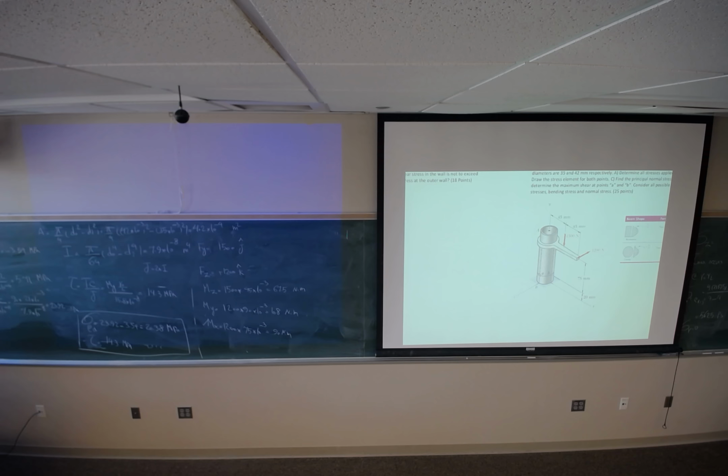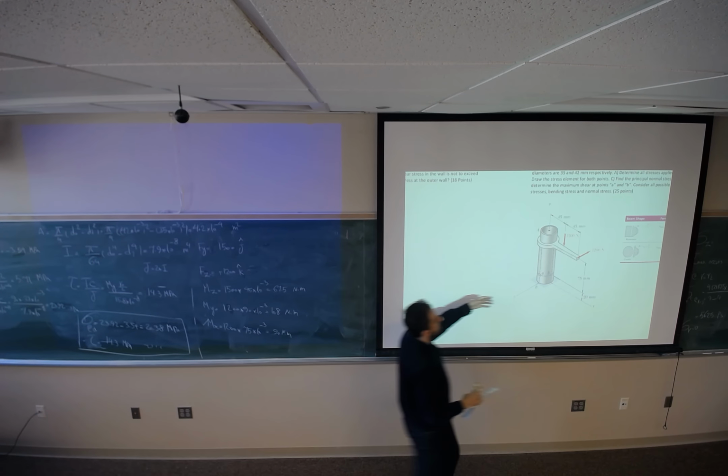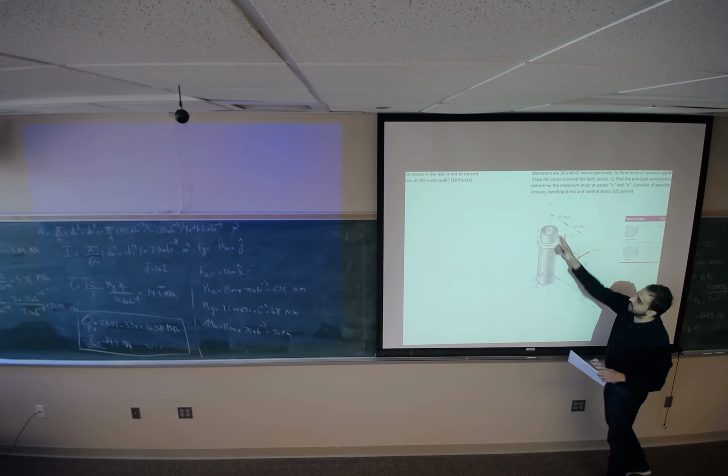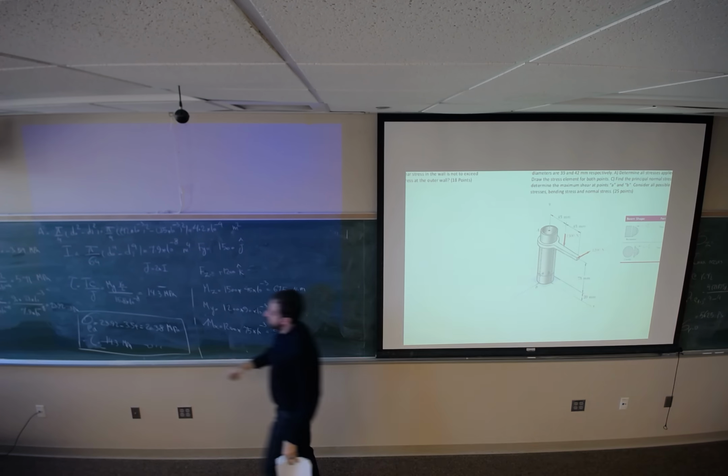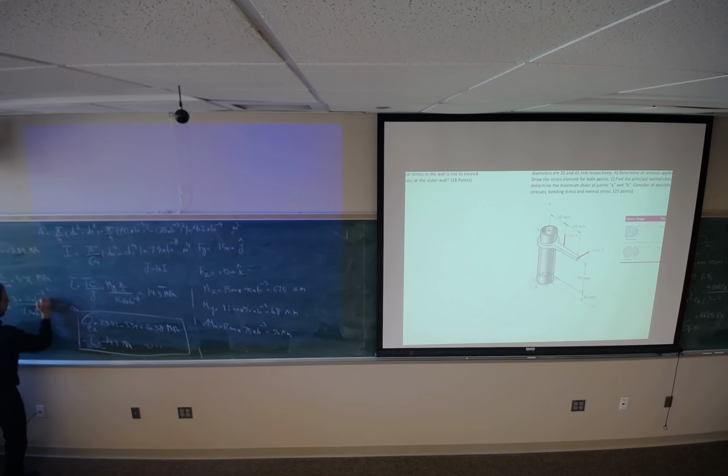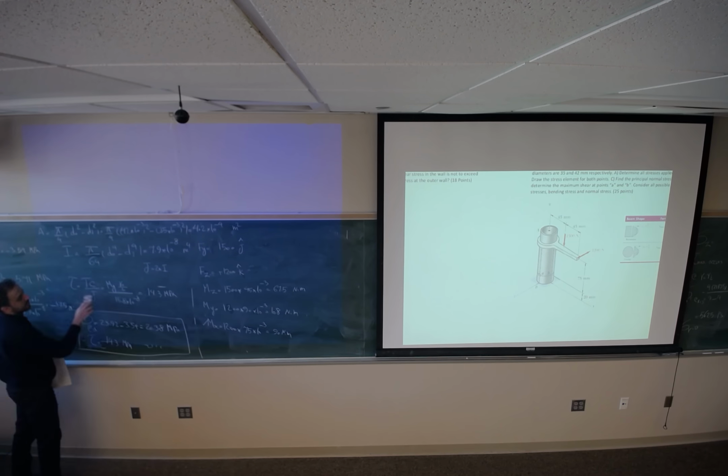And it's making compressive stress at point P. It's rotating in this direction, so point P is going to be under compressive. So it's going to be negative 17.5 megapascal. And the shear stress is going to be the same.